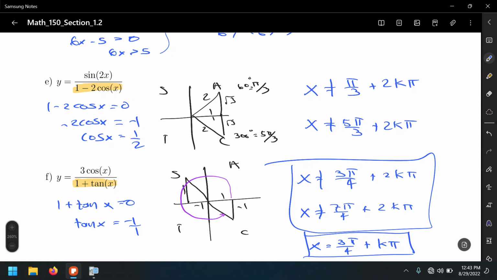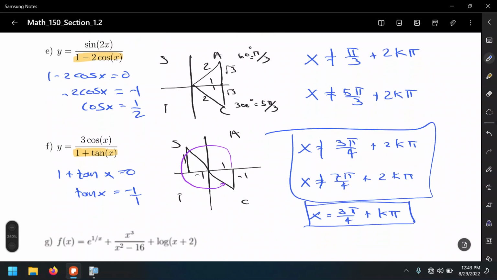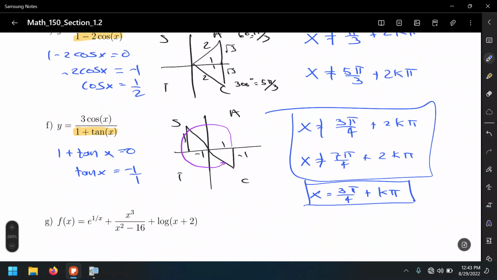Not in this case, because, for example, the distance between pi over 3 and 5 pi over 3 is not 180 degrees, and this distance right here is not 180 degrees either. It's something else. The tangent function is a very particular one that has 180 degrees between each asymptote, and sine and cosine don't have those asymptotes.